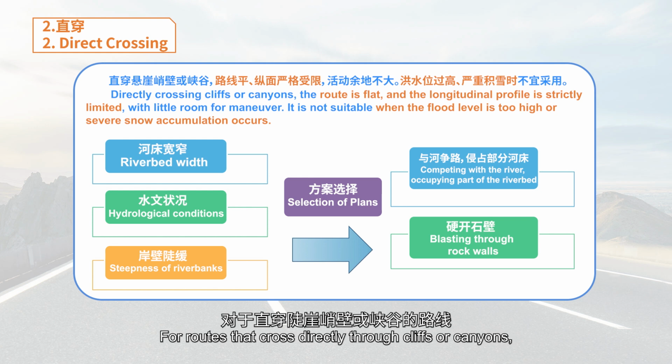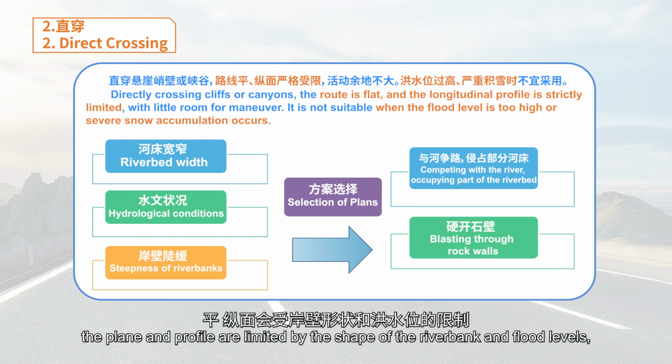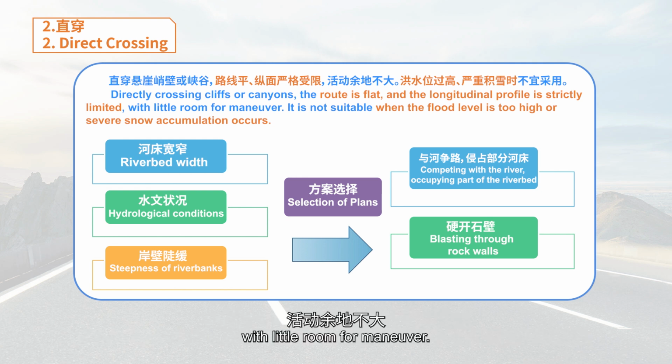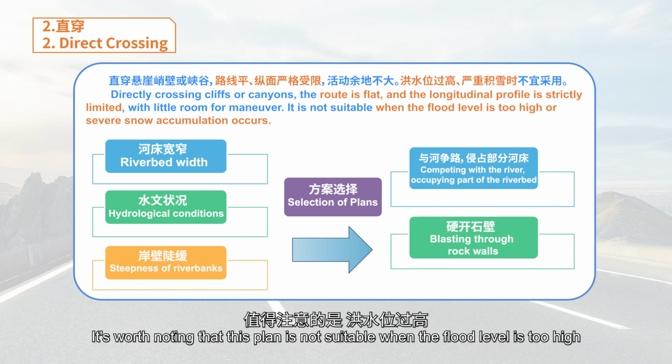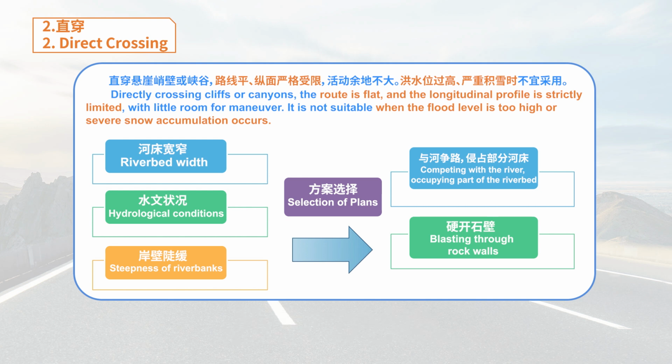For routes that cross directly through cliffs or canyons, the plane and profile are limited by the shape of the riverbank and flood levels, with little room for maneuver. It's worth noting that this plan is not suitable when the flood level is too high or severe snow accumulation occurs.